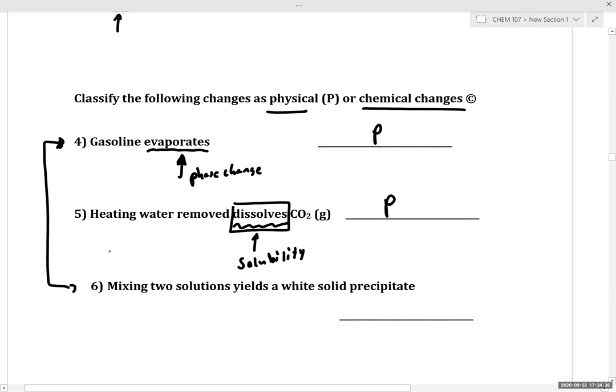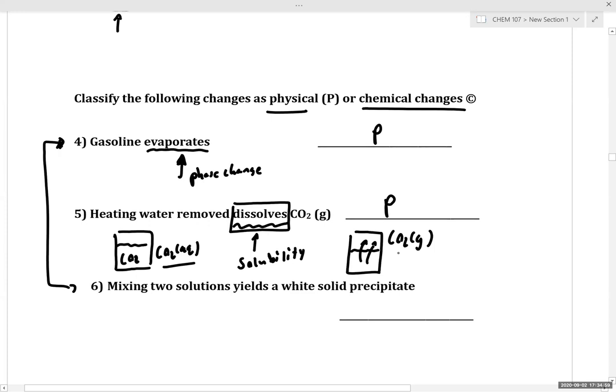And the way to visualize this is initially we have carbon dioxide dissolved in water. And then at the end of our change, after heating, we have forced the carbon dioxide out of solution and we have carbon dioxide gas. As we notice, the chemical formula has not changed. Does that explanation help clear things up?